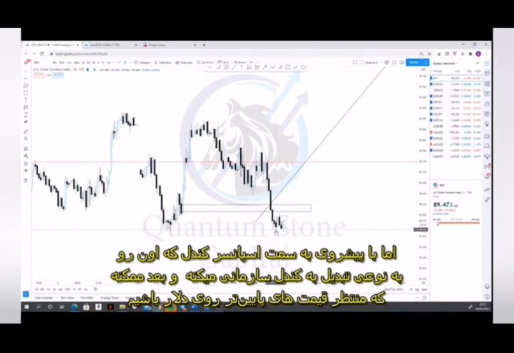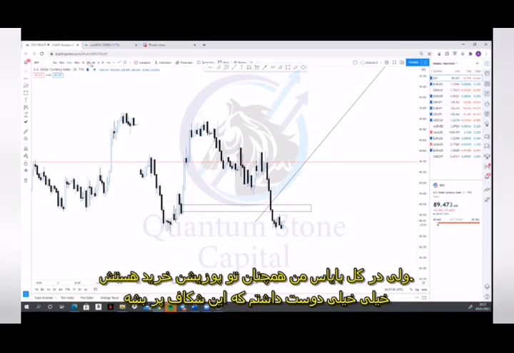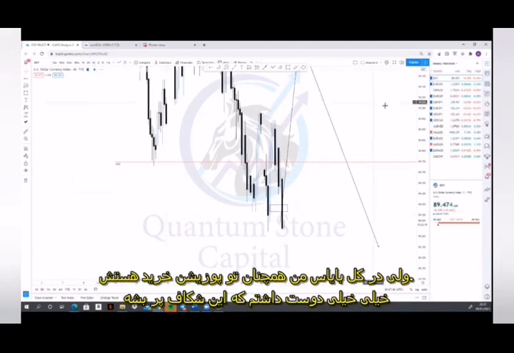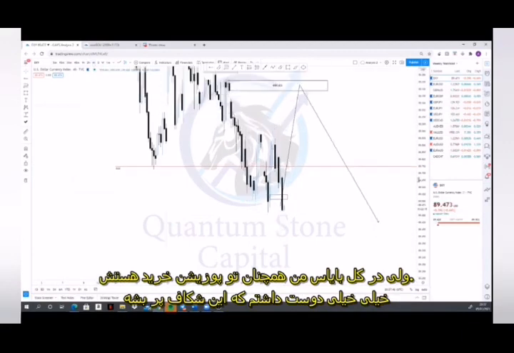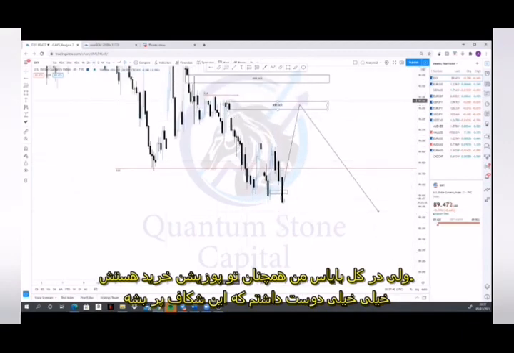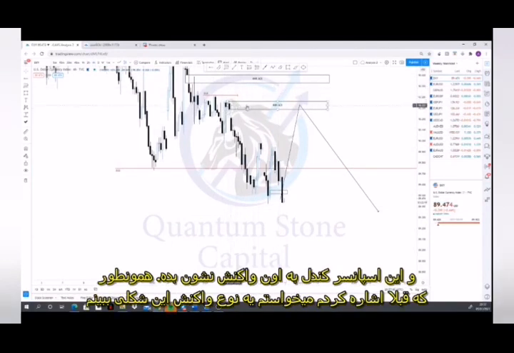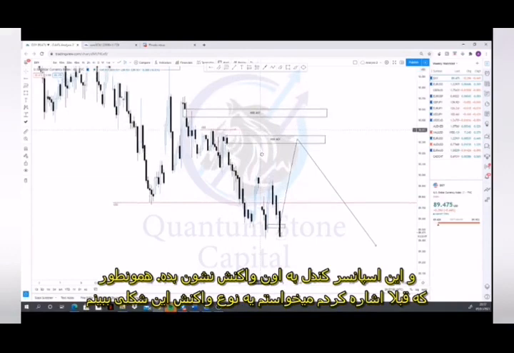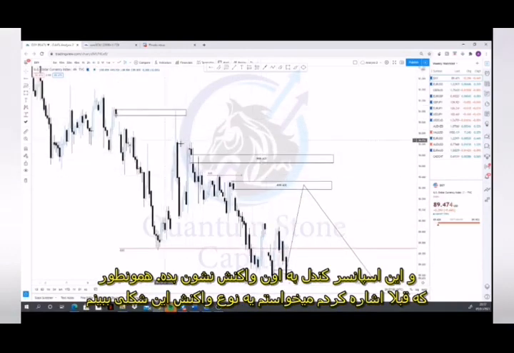As soon as we break through a sponsor candle, it turns into an institutional candle, and then we may look for lower prices on the dollar. But overall, my bias is still long. I would highly favor this gap to be filled and this sponsor candle to be mitigated, and as mentioned previously, I would like to see a reaction like this.